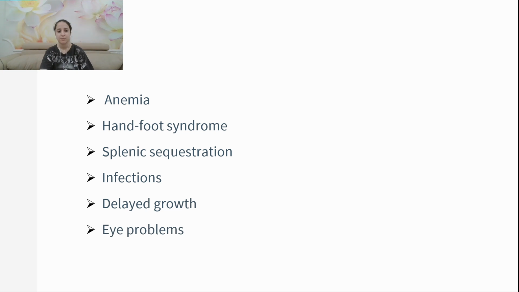The next symptom is eye problems. As we discussed earlier, the sticky sickle-shaped RBCs tend to block the blood vessels. When they block the blood vessels of the eye, we have eye problems. When they block blood vessels of the brain, we see neurological complications.